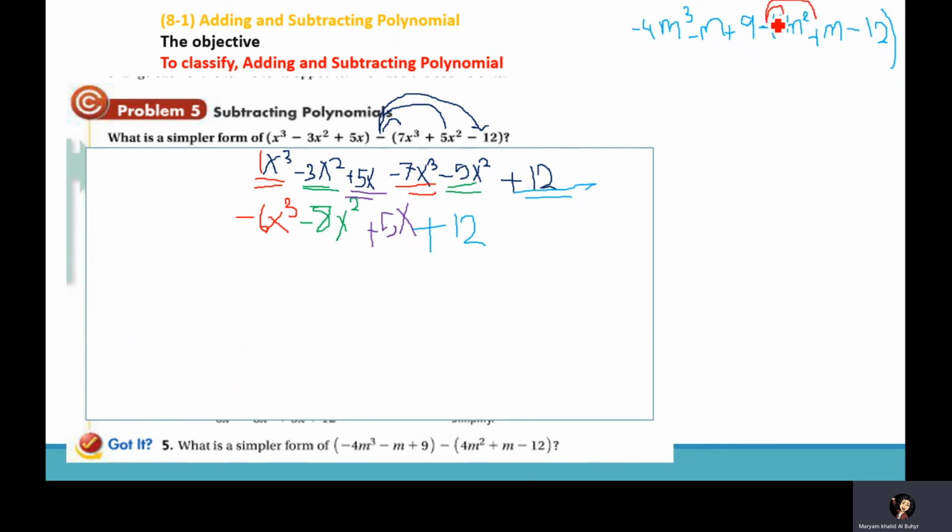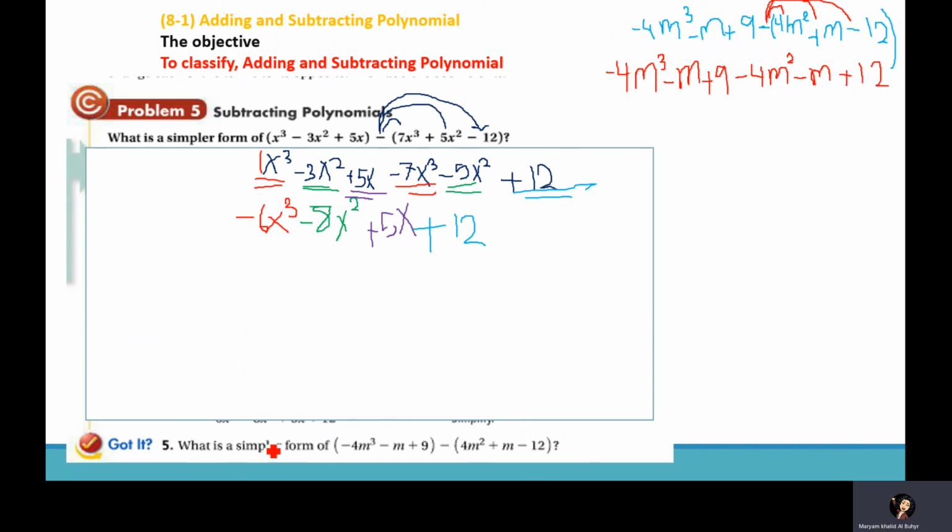I will distribute my negative sign so I can remove the parentheses. I'll drop my polynomial: m3 minus m plus 9 minus 4m2 minus m plus 12.